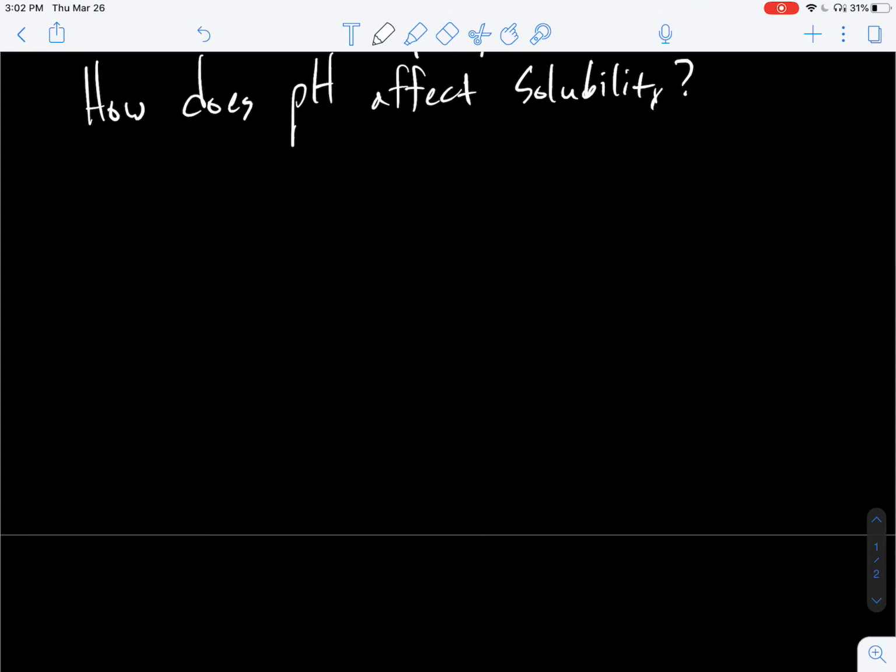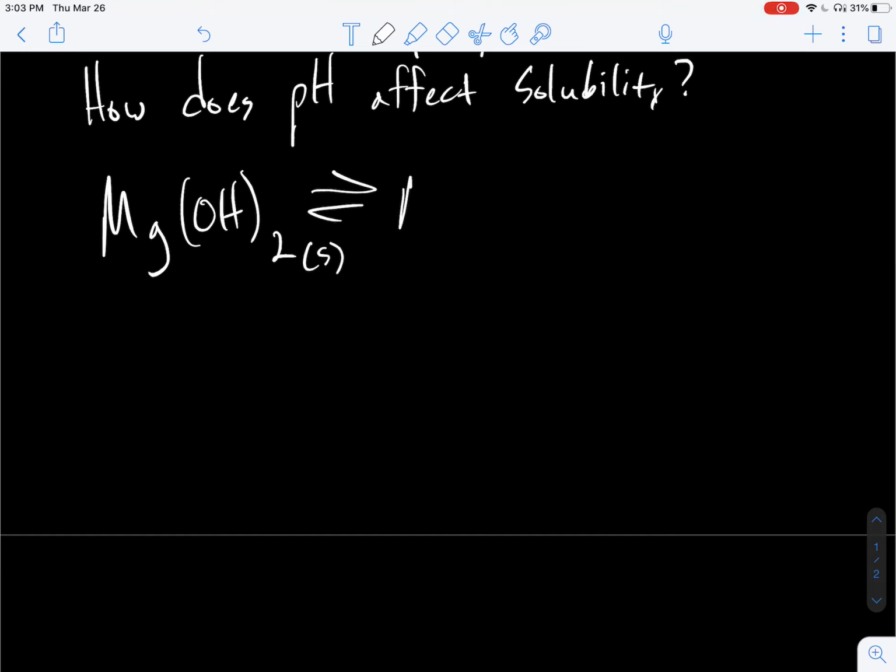Well, we need a situation where a common ion is involved in an acid-base equilibrium. So let's look at magnesium hydroxide for a second. Magnesium hydroxide solid is in equilibrium with Mg2 plus aqueous plus OH minus aqueous.